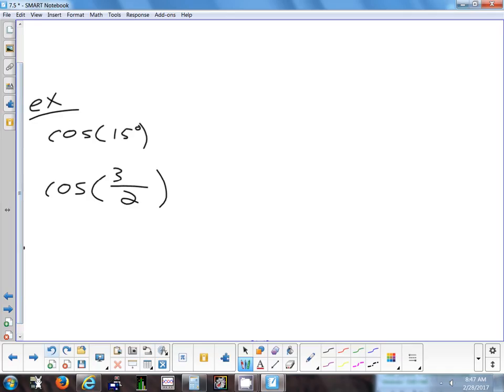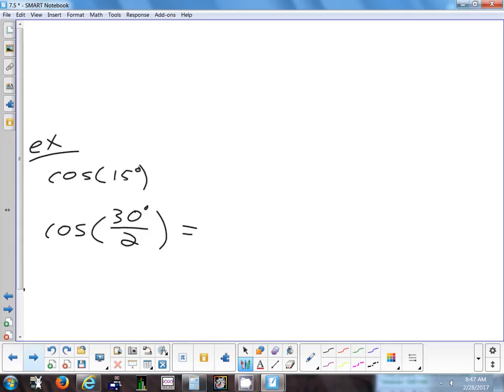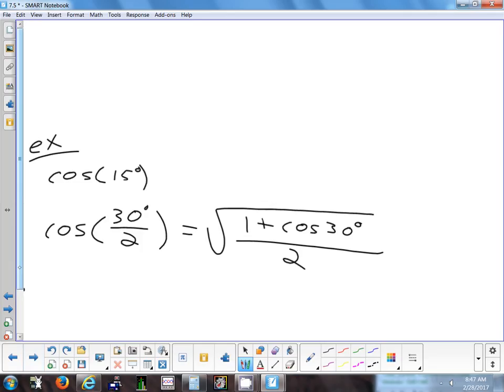These are identities I always look up because we've already got enough to remember. So it's the square root of 1 plus cosine divided by 2. 1 plus the cosine of my angle, which we substituted in 30, divided by 2.